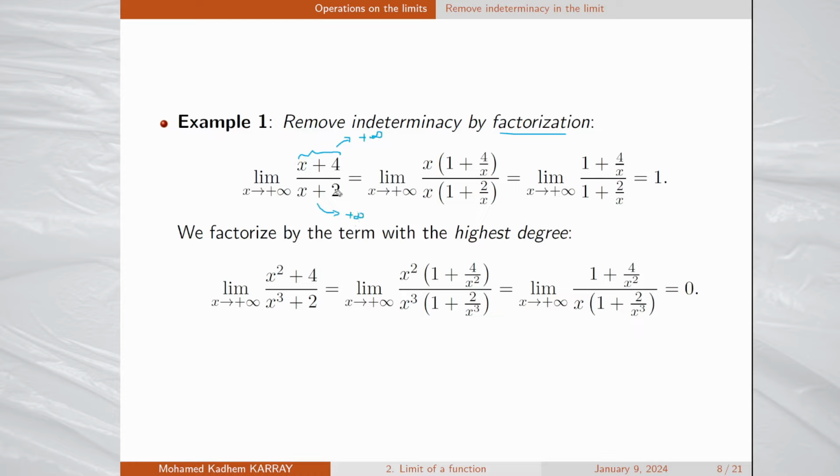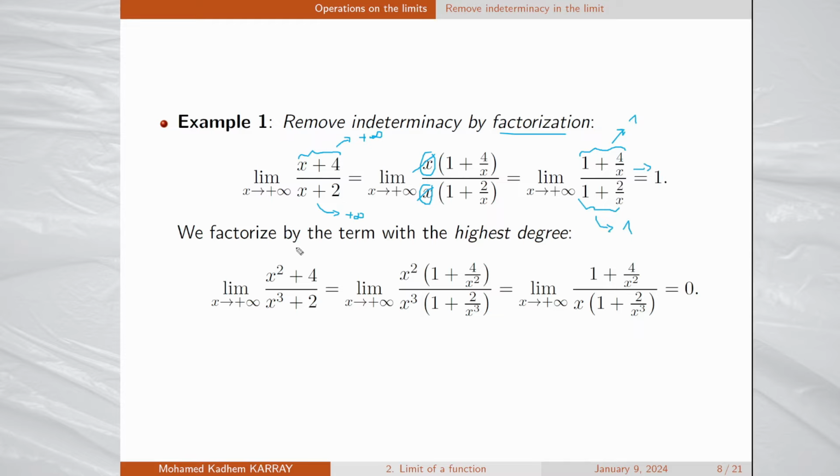So we have an indeterminate form, and to remove this indeterminacy, we have to factorize by x in the numerator and by x also in the denominator. In this case, we can simplify this x here and we get this ratio, but each term of this ratio goes to 1 now. So the ratio tends to 1 also. 1 divided by 1 equals 1.